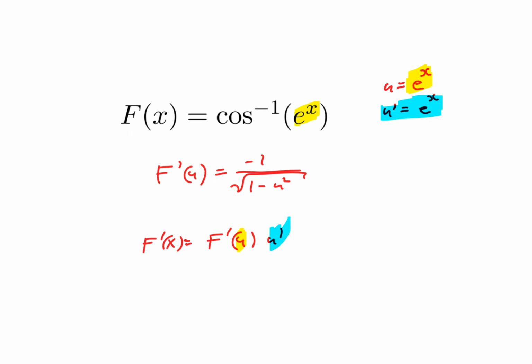Okay, so we plug everything in, and we will get the following. F prime of u is e to the x. We're going to throw that up top. And in the bottom, we're going to be plugging in our u, which is e to the x. So we've got the square root of 1 minus e to the x squared, which makes it 2x.